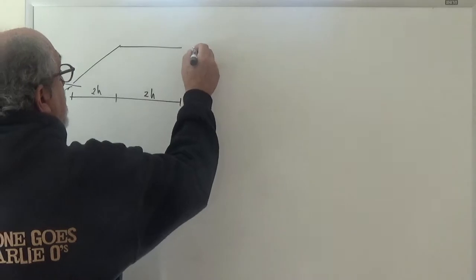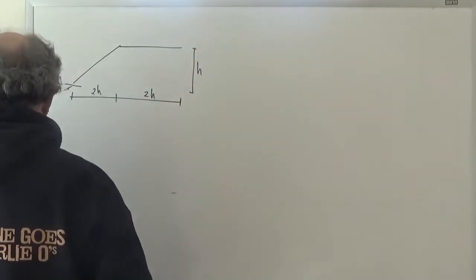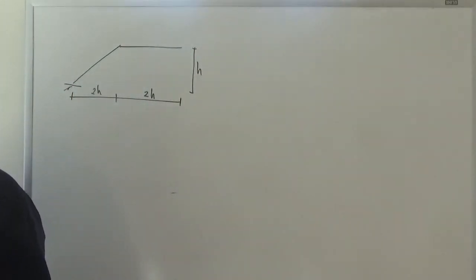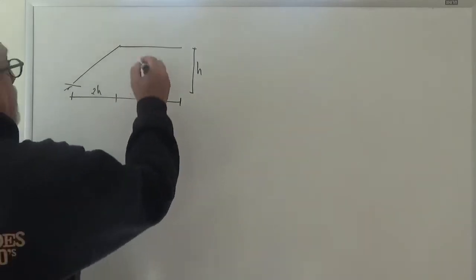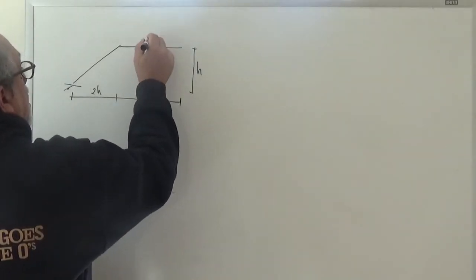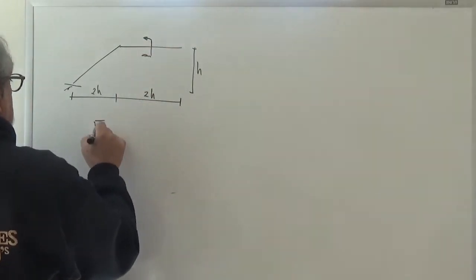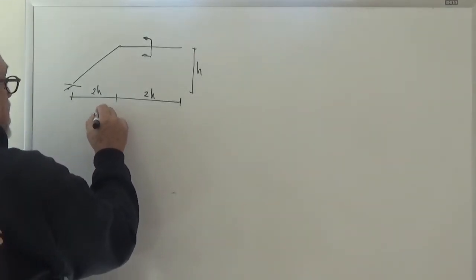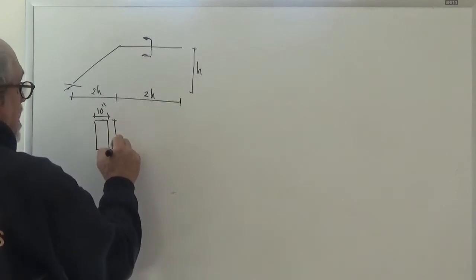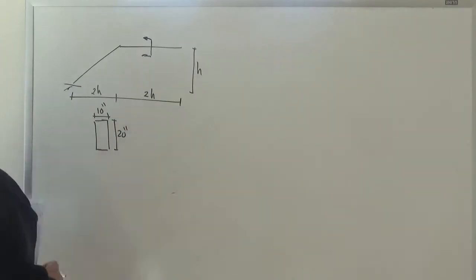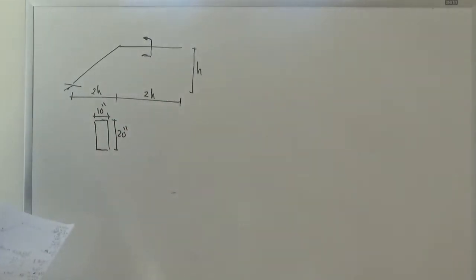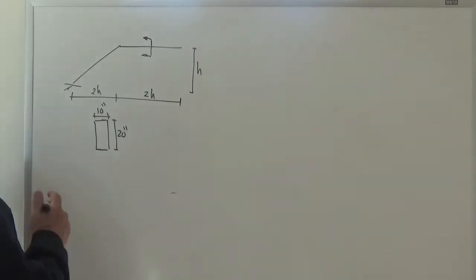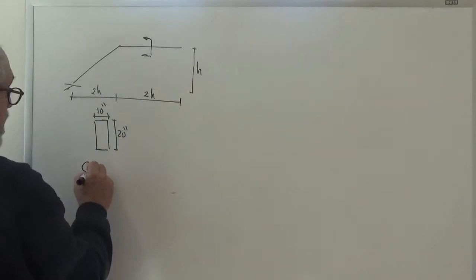I'm going to give it numbers at some point now. But I'm going to say that these bars have a cross section which is 10 inches by 20 inches. Okay, 10 inches by 20 inches. I'm going to say this is made out of concrete.